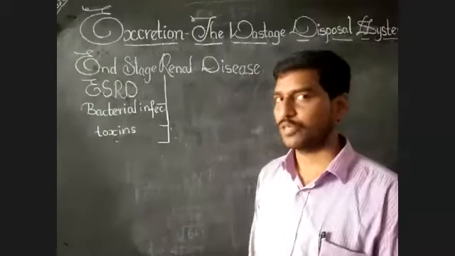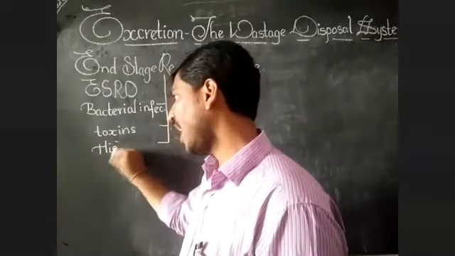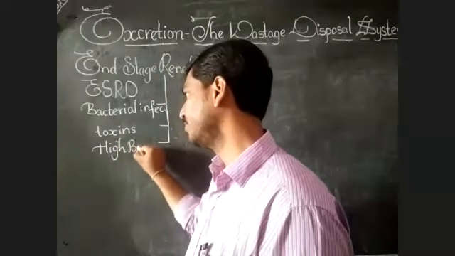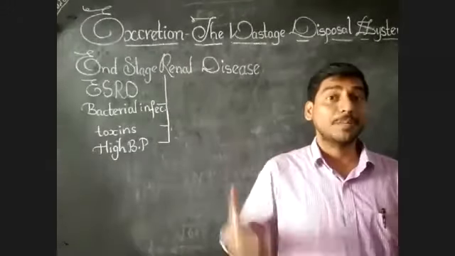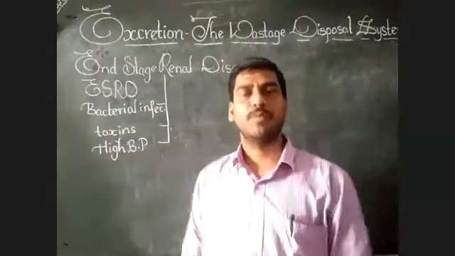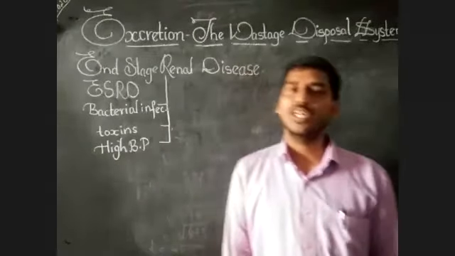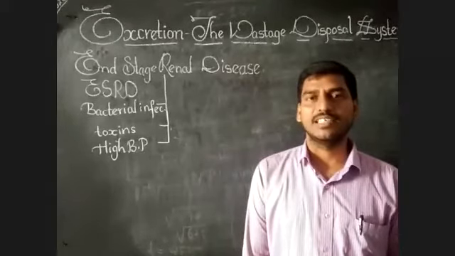Now let us look at the third condition, which is high blood pressure. When blood pressure is more, a greater amount of blood is passed to the kidneys, so there will be more pressure on their functioning.